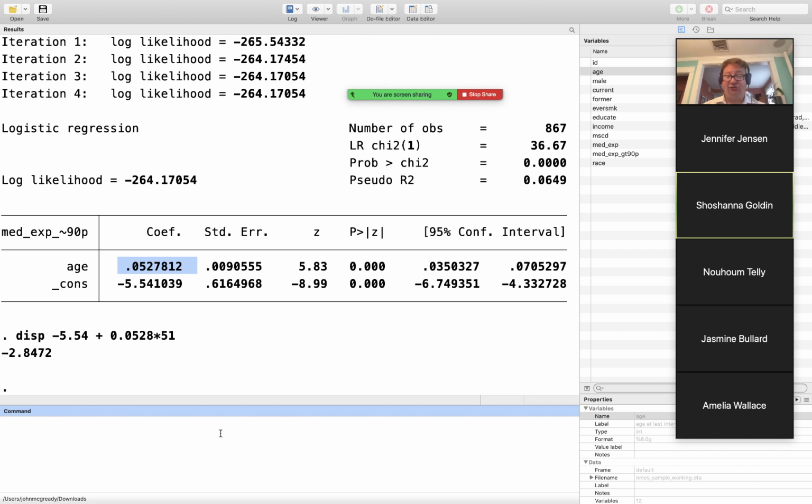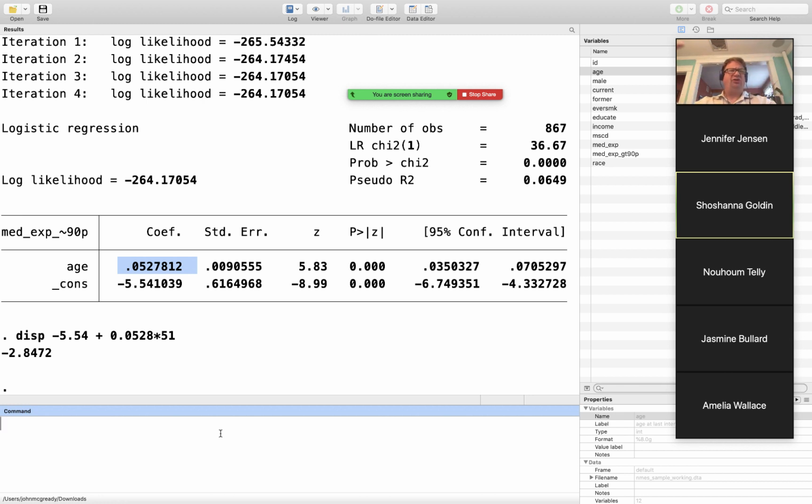So far so good, Shoshana? Great. So based on our logistic regression results, we estimate the log odds of 51-year-olds having high medical expenditures to be negative 2.8472.